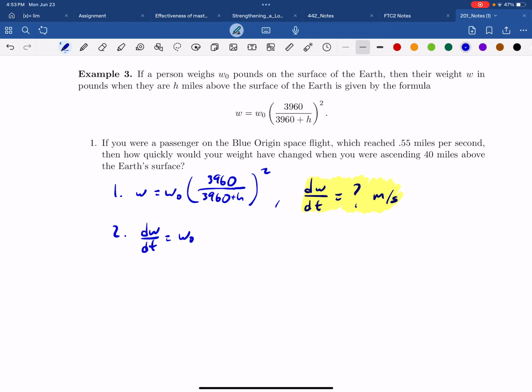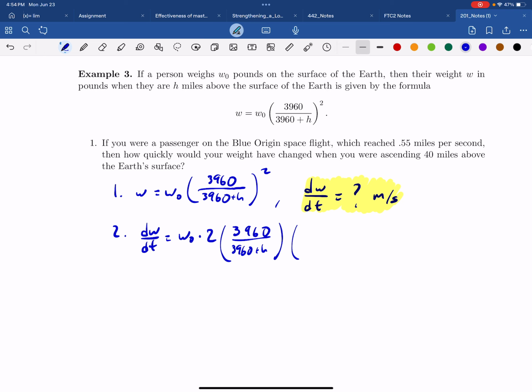Let's use the chain rule, right? So I'm going to say this is times 2 times the inside, to the 1, whatever, right? And then times the derivative of the inside. Now, let's be a little careful here. We know that the top is just a constant, right?